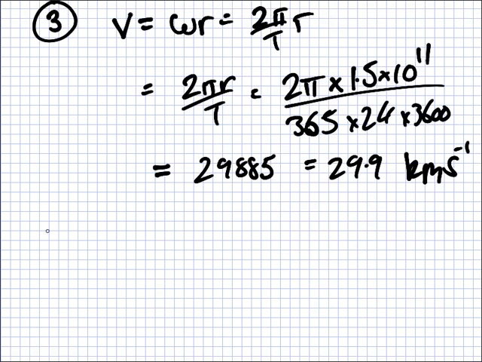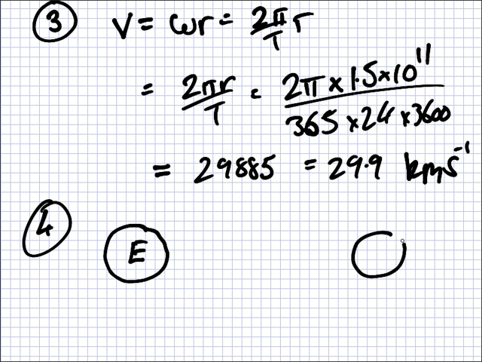Right, what's number 4? How far does a spaceship need to be from Earth so that the total force acting on it from both the Earth and the Moon is 0? Okay, so here is the Earth, here is the Moon, and here is your spaceship. It's going to be pulled left to the Earth and right to the Moon.